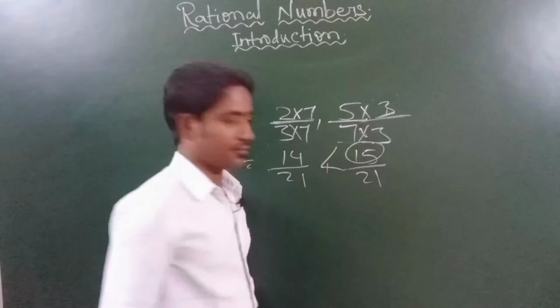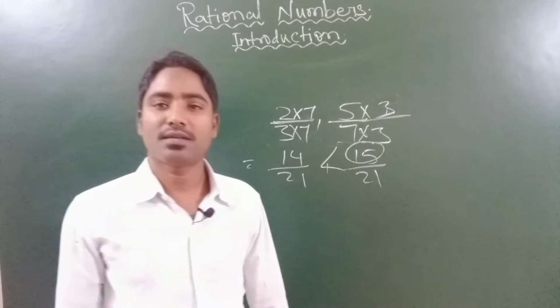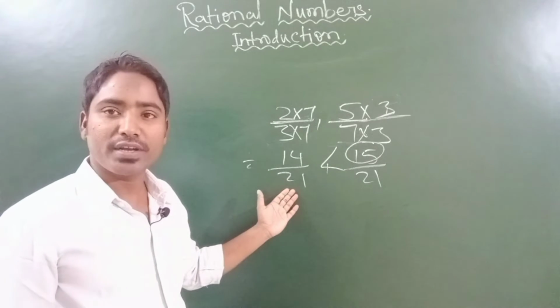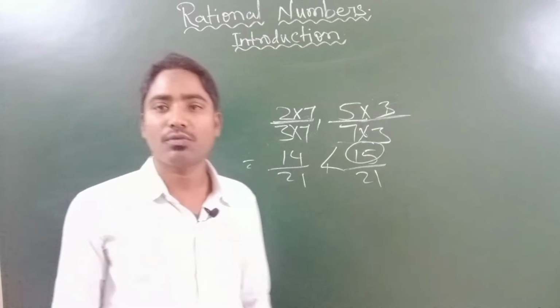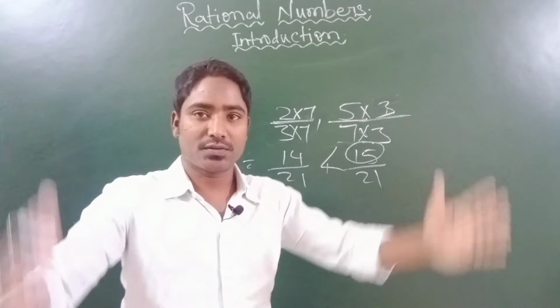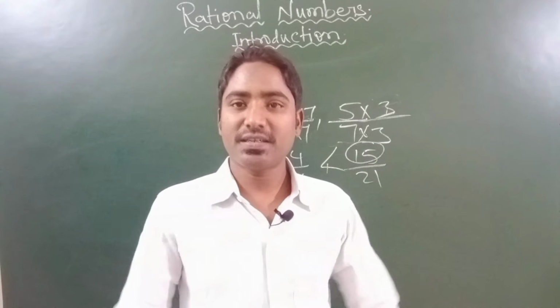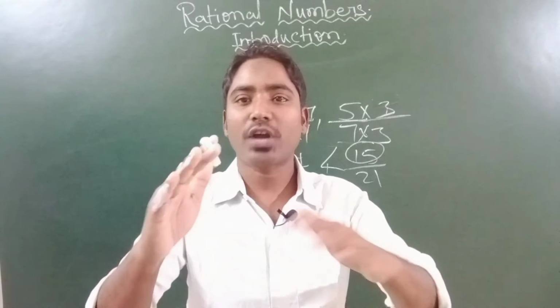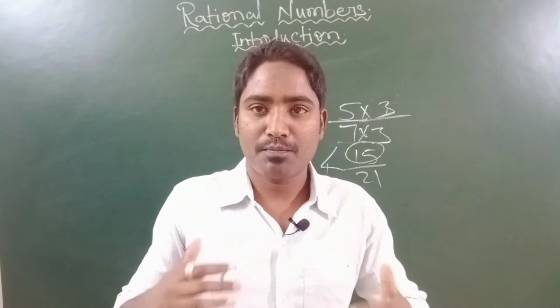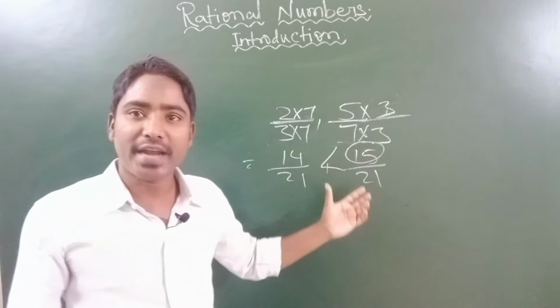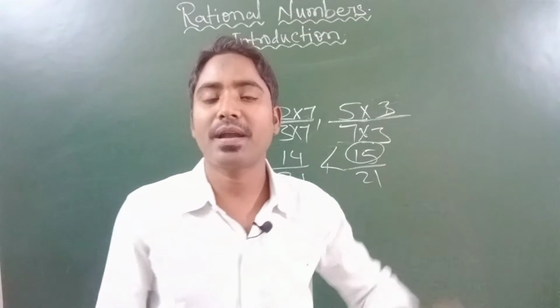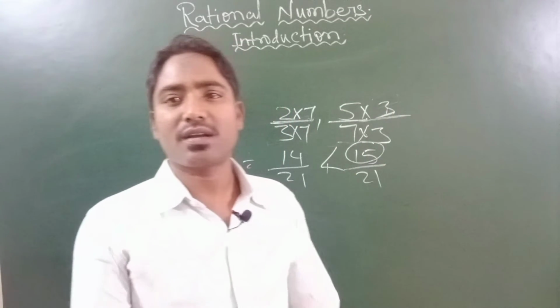Yes, correct, this 15 upon 21 will be greater. 14 is divided into 21 parts, and 15 is divided into 21 parts. So this value, that is 15 upon 21, will be greater. What I want to educate you in this topic is that as we were comparing the fractional number, like that only we will compare the rational number.